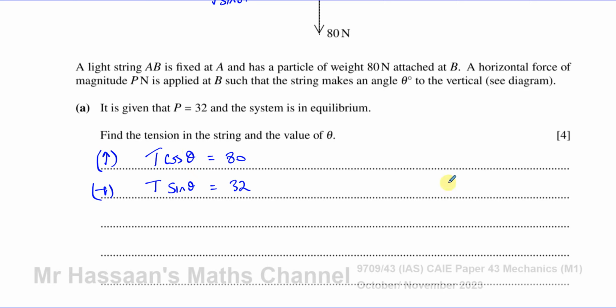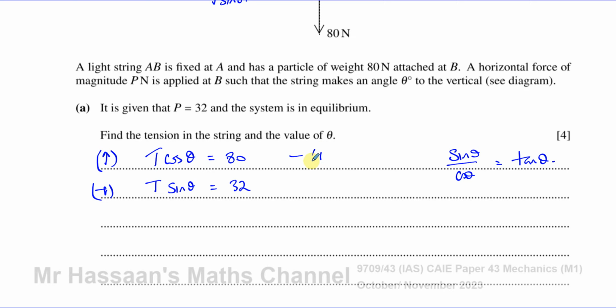The easiest way is to go back to what we understood from P1 trigonometry, that the ratio of sine theta over cosine theta is equal to the tangent of theta.